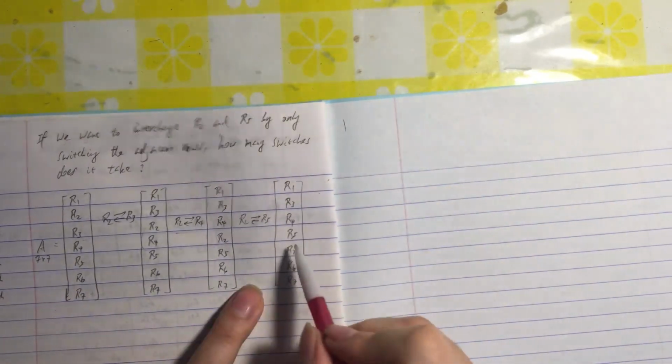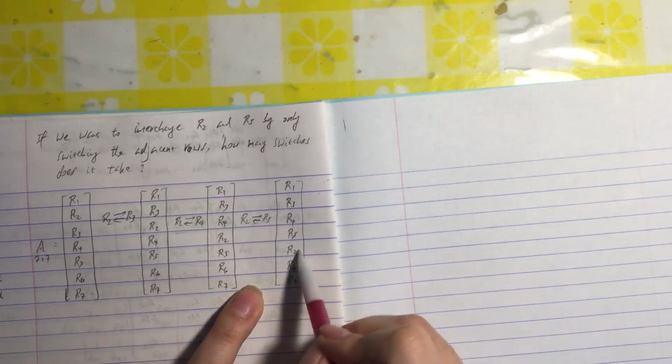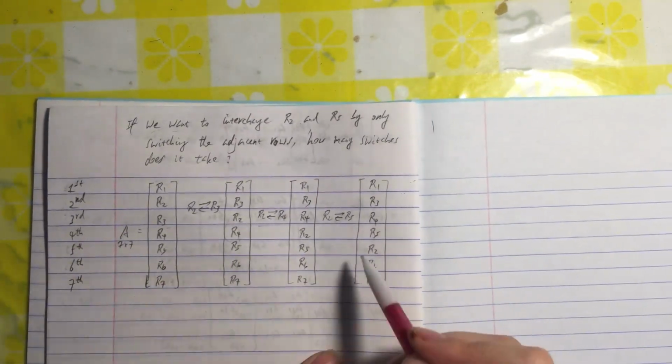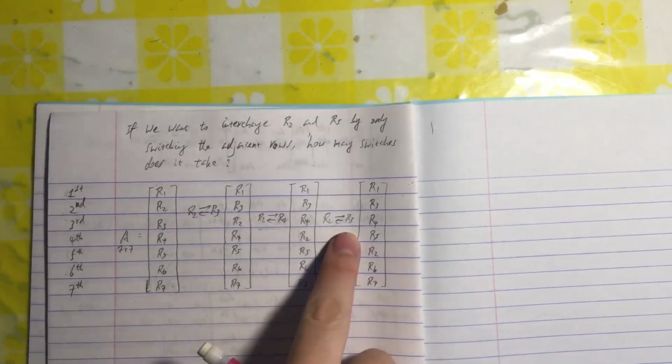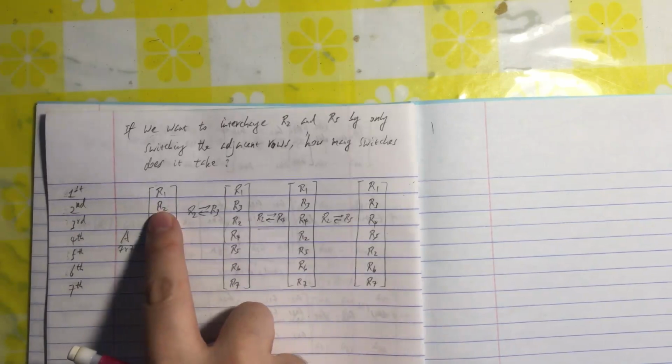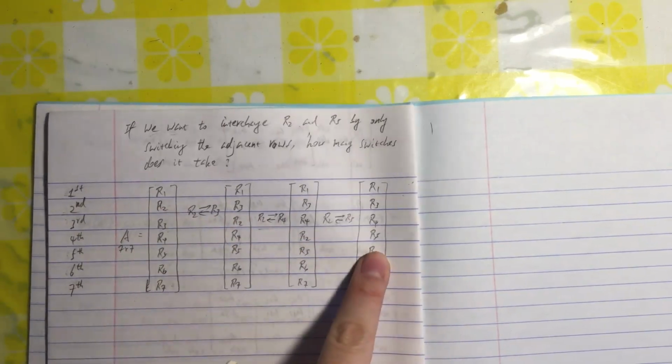Now I have moved row 2 to the fifth row. It takes me 3 switches to move row 2 to the fifth row.